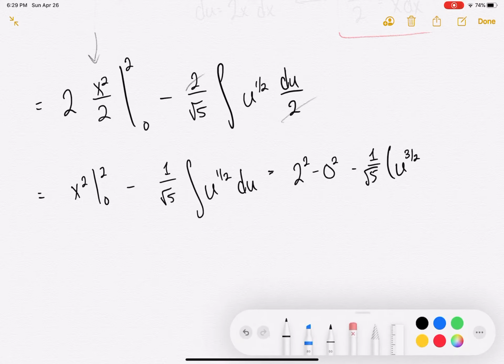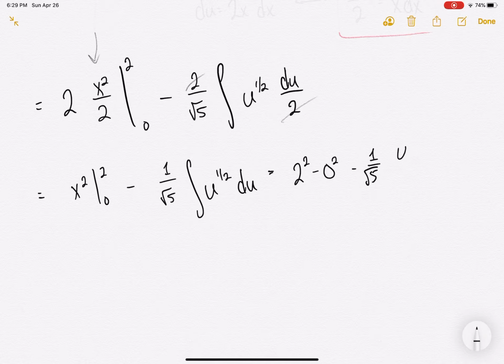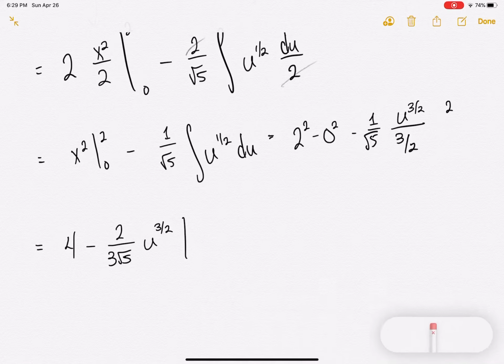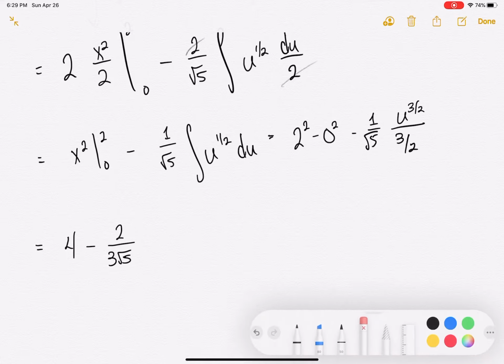Maybe I should have written that differently. This is a power rule again. u to the 3/2 over 3/2 from 0 to 2. So this is 4 minus 2 over 3 root 5 u to the 3/2. And that's not from 0 to 2. That's my bad. We have to use new u bounds if we want, or we can convert to x.